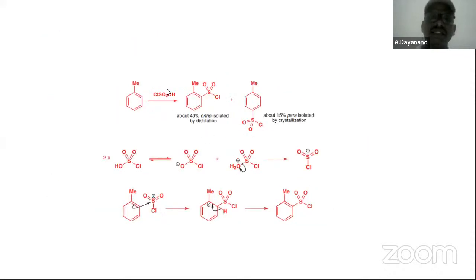If instead of H2SO4 we substitute one of the OH with chlorine, that is chlorinated sulfuric acid, and it forms the same compound. It is called a tosyl group. This is paratoluene sulfonyl chloride.